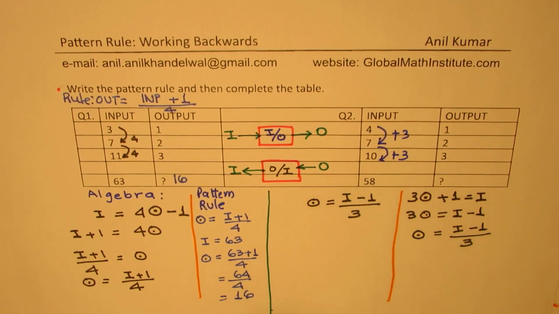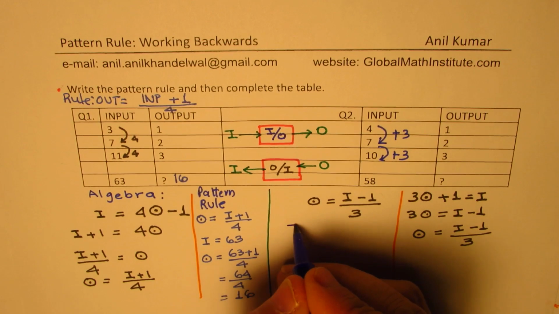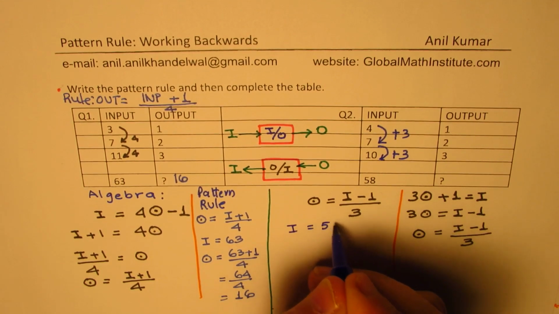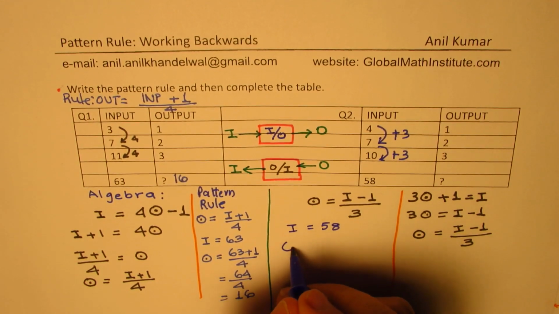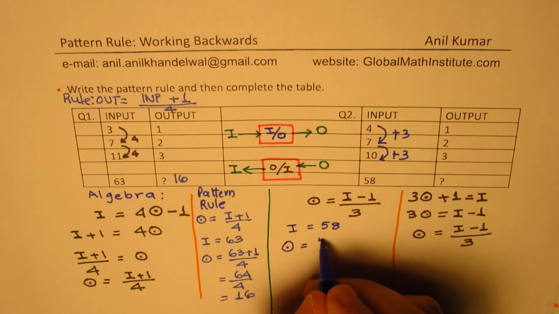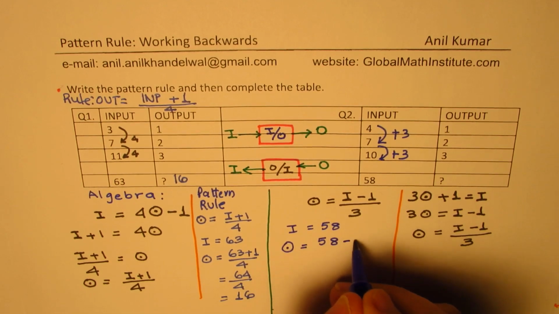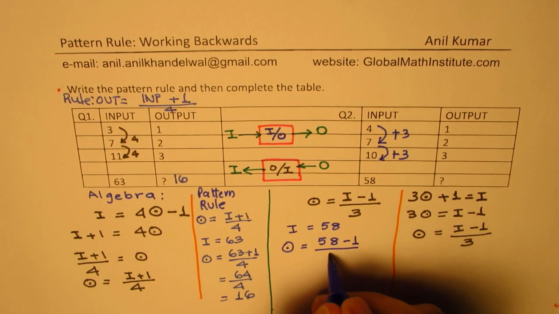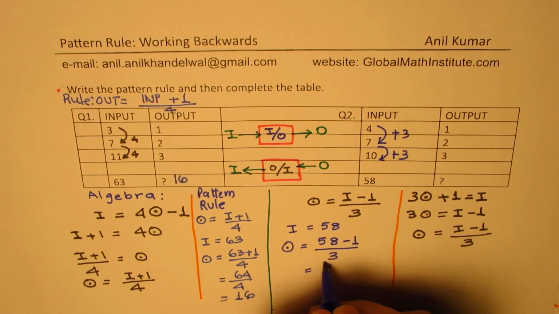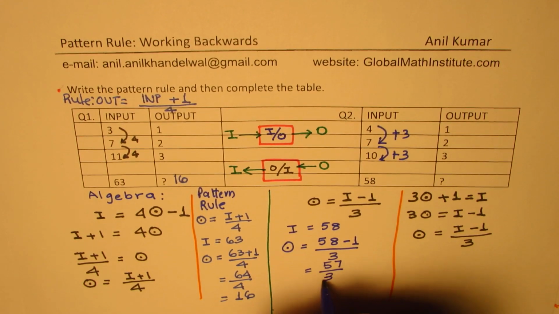It works. So let us also work it out by using the number 58. So if input is equal to 58, in that case the output should be equal to (58 take away 1) divided by 3, which is 57 divided by 3.